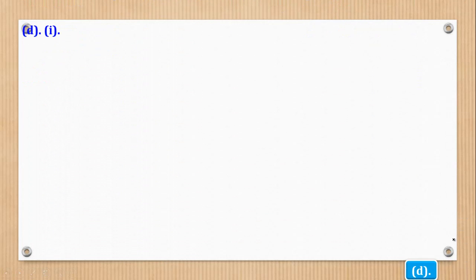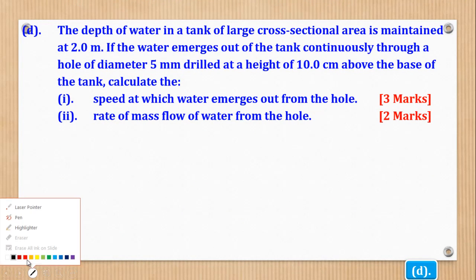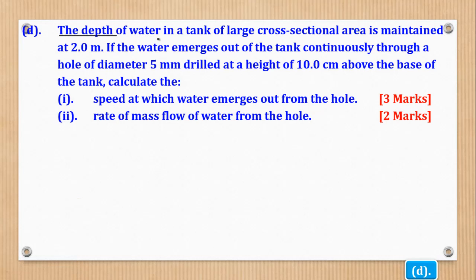Then part D says the depth of water in a tank of large cross-section area is maintained at 2.0 meters.